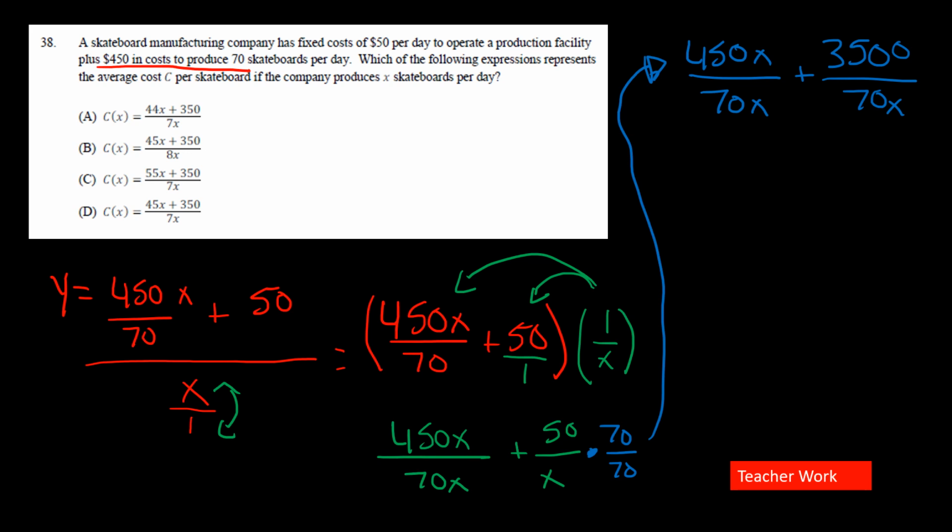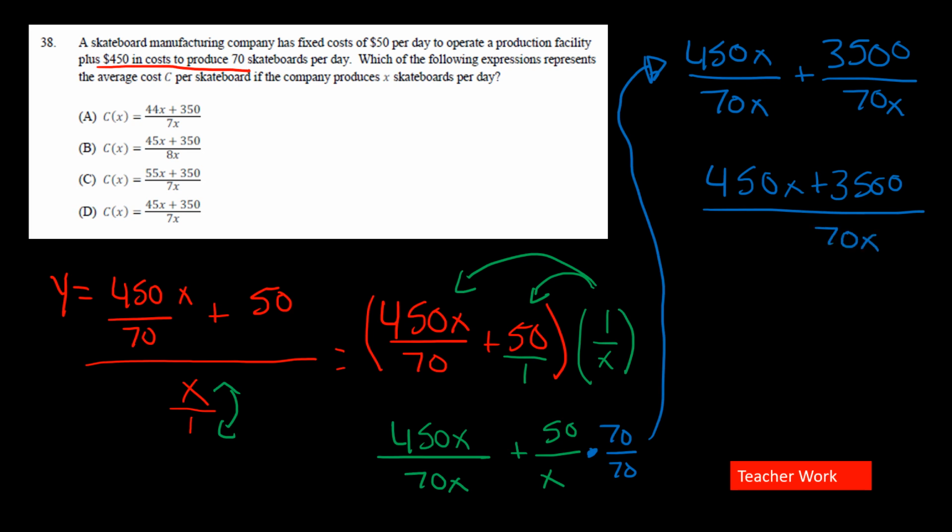And so now we can combine these. Let's just add them up. We say 450x plus 3,500, all of this over 70x.